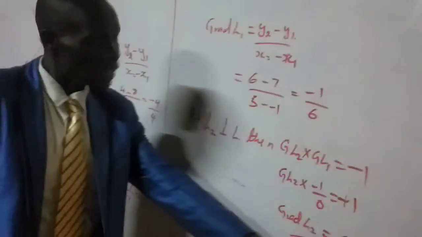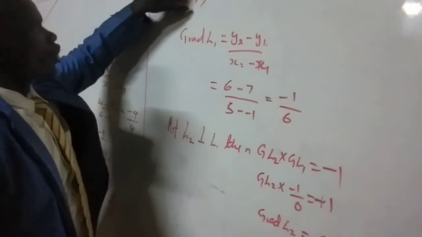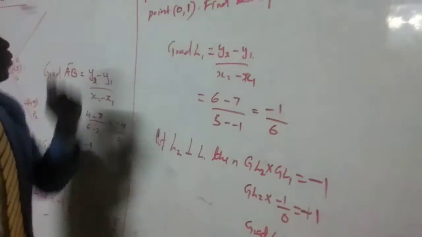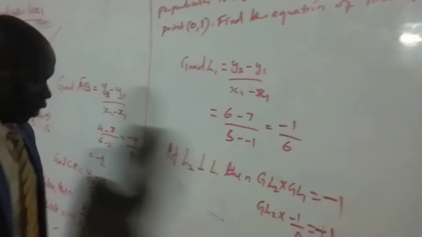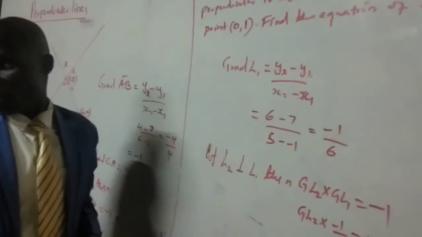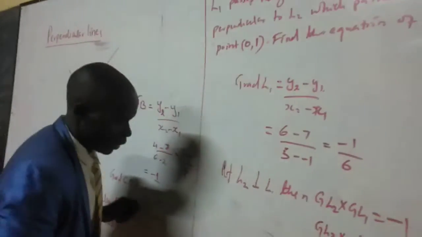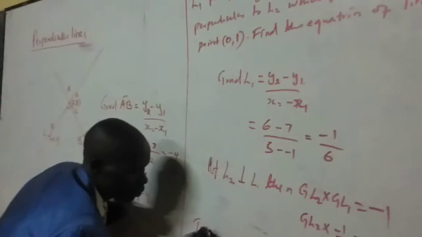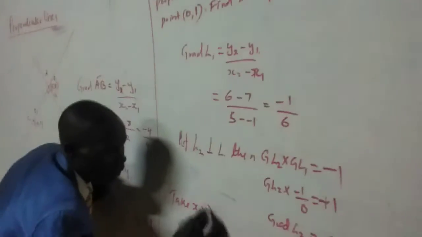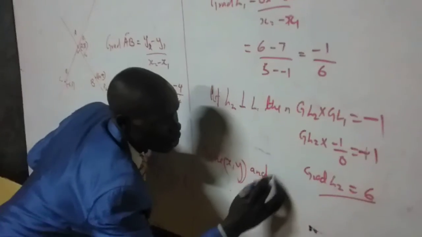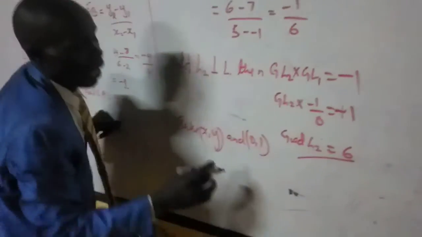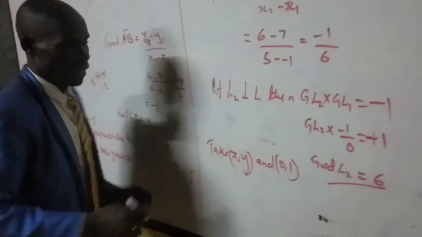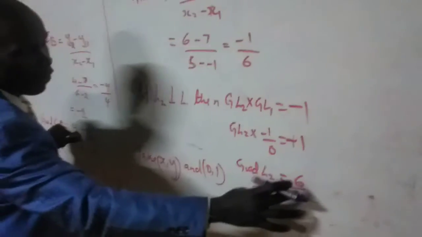Now with this gradient and the point through which L2 passes, you can get the equation of L2 by taking a general point (x, y) and the point through which line L2 passes, which is (0, 1), and using these points to find the gradient and equate it to the gradient of L2 that you've got.